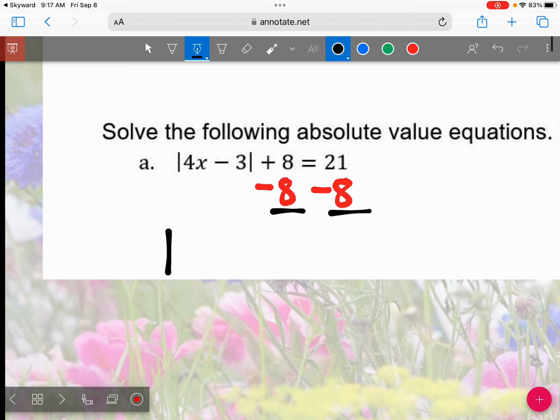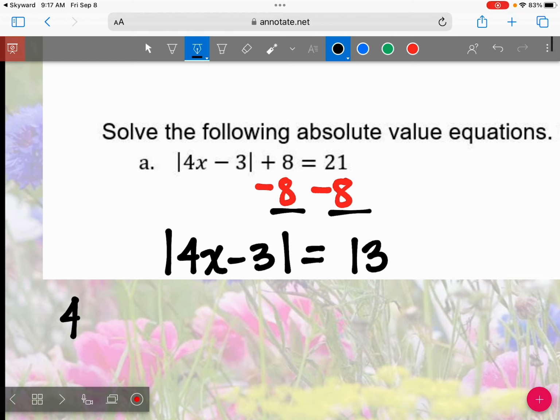So I have the absolute value of 4x minus 3 equals 21 minus 8 is 13. Which is a positive number, so we can keep going.